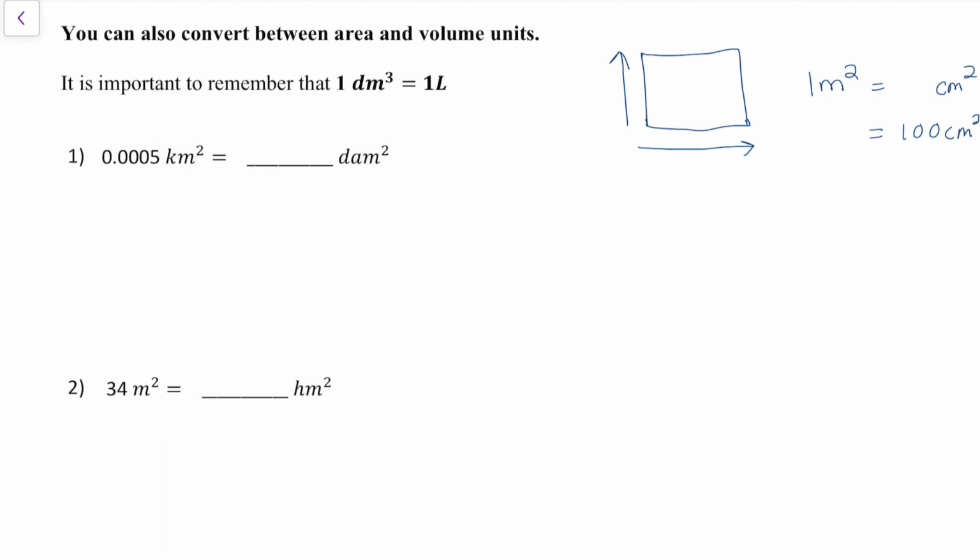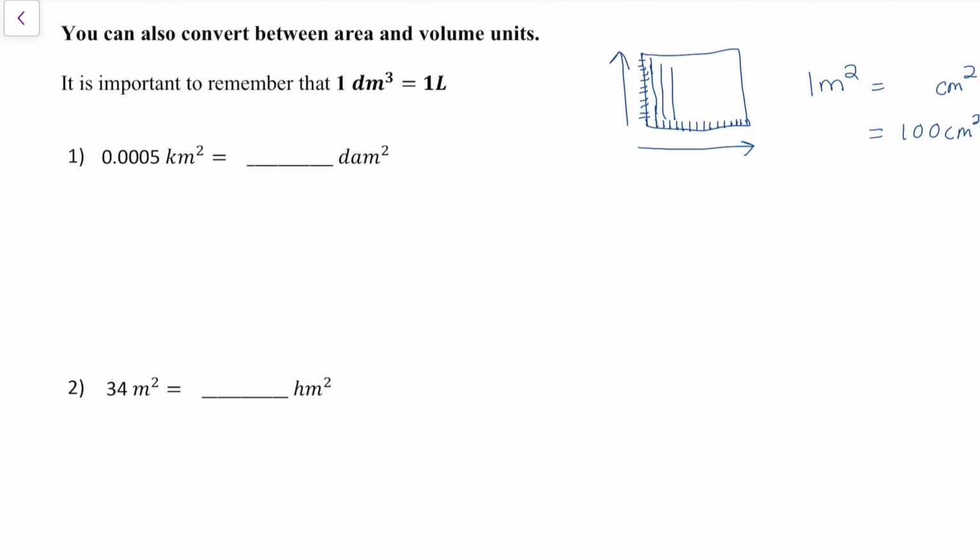If I divide this length into 100 chunks, then I have 100 of these rectangle pieces, which isn't a square, which means that each of these is 1 centimeter by 1 meter. So that's not 100 centimeters squared. I also have to divide this way by 100 in order to get those squares. And so I don't end up with 100 of those pieces.